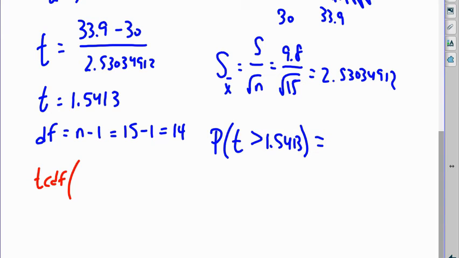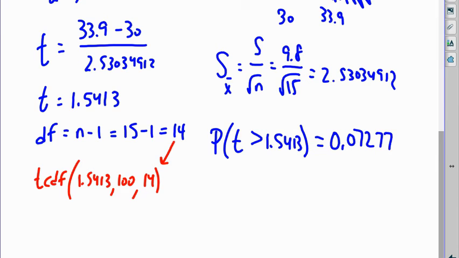I put a big number as the upper bound, and I put my degrees of freedom in there, and that comes out with the value that I write on my paper of 0.07277.